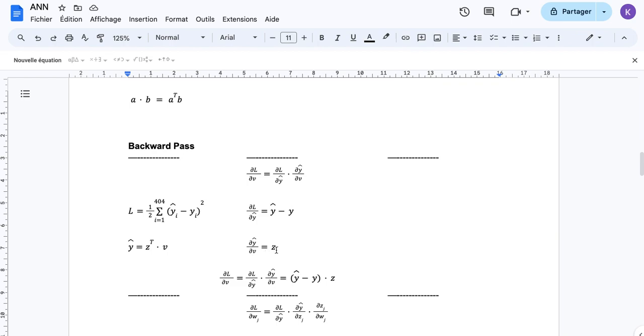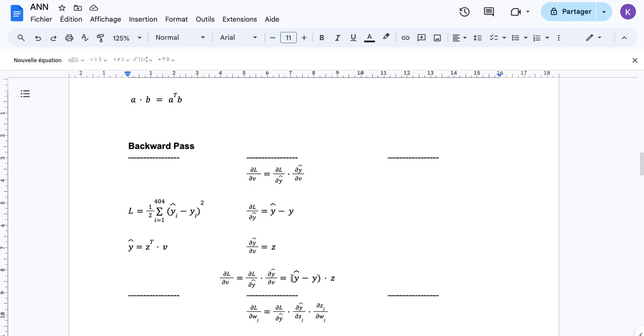Now this result is straightforward because we know that the prediction vector y hat is the dot product between output matrix z and weight vector v. Putting the two results together, we obtain the partial derivative of the loss function with respect to weight vector v, which is equal to the following dot product.